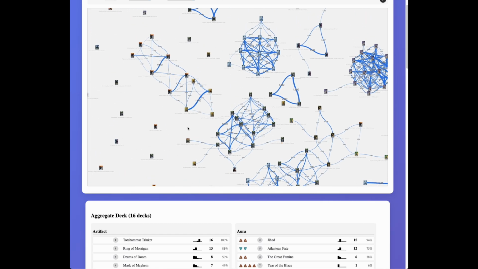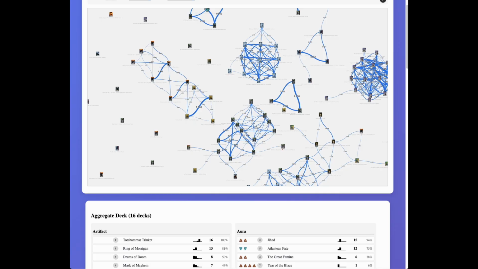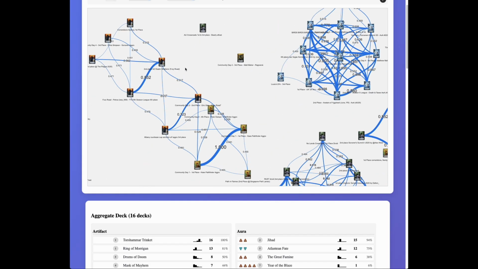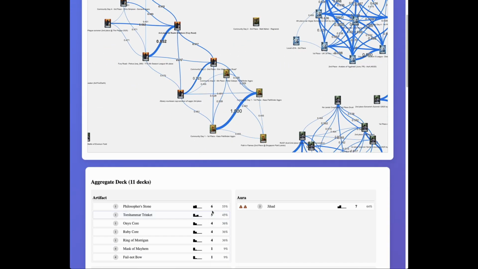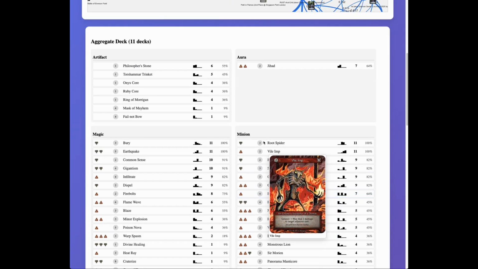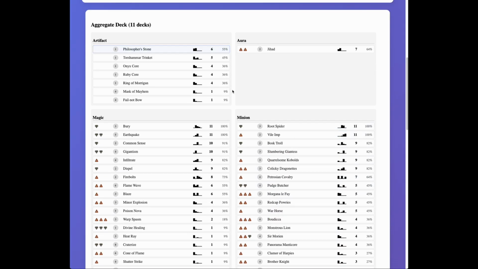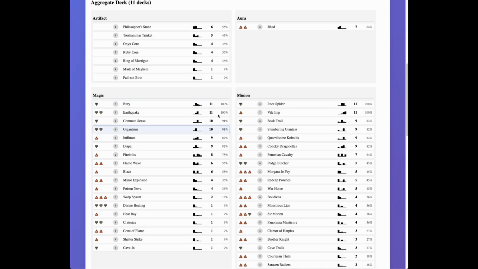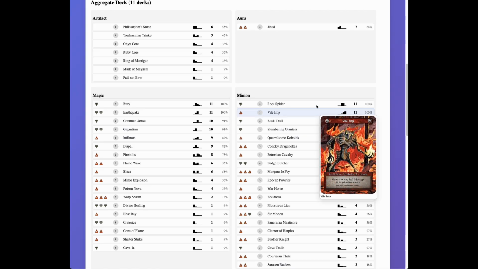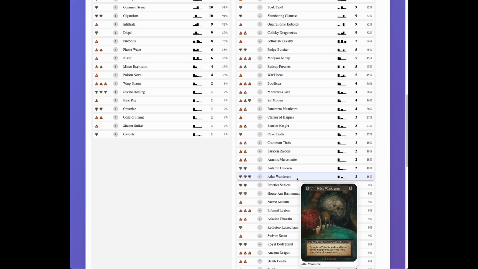So if we move over here to this group, this is the Fury Road. So you can see the Fury Road highlighted in here a couple of times. But it's Fury Road, Sorcerer, and Pathfinder, which is kind of interesting. There are 11 decks, so there's a core of magic that's used between them. There's the Root Spider, Violent that are in all of them.